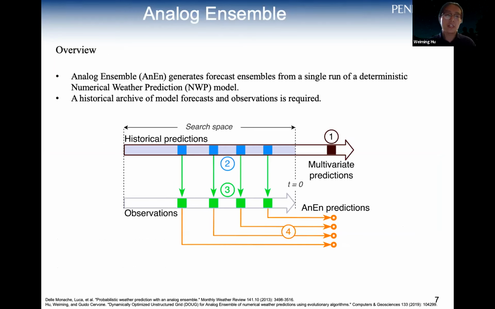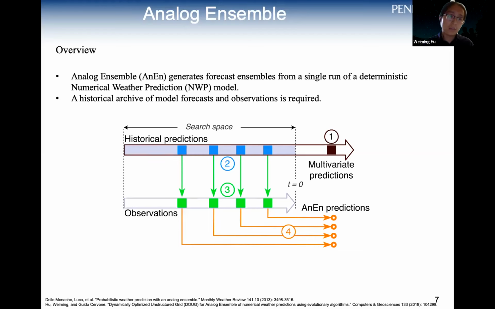analog ensemble is a technique that generates forecast ensembles from a single run of a deterministic NWP model. This is pretty powerful because instead of running, let's say, a WRF model multiple times with different initialization or different boundary conditions, you can actually build upon an operational model with a historical archive and generate an ensemble based on that.